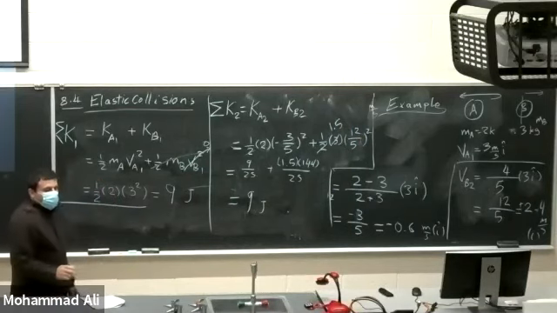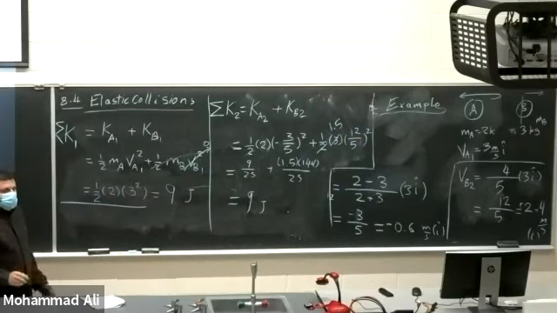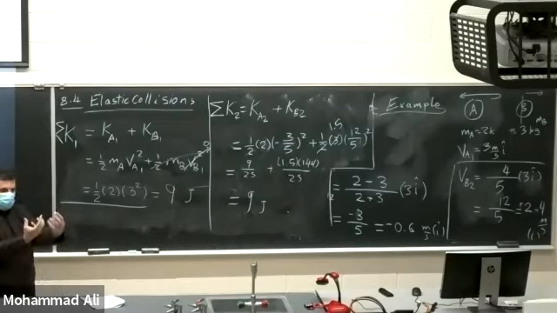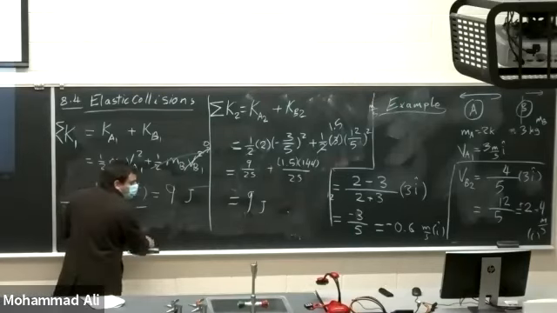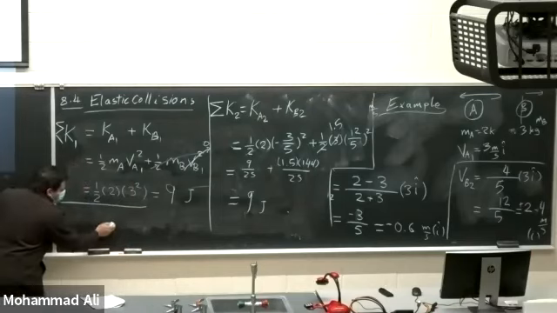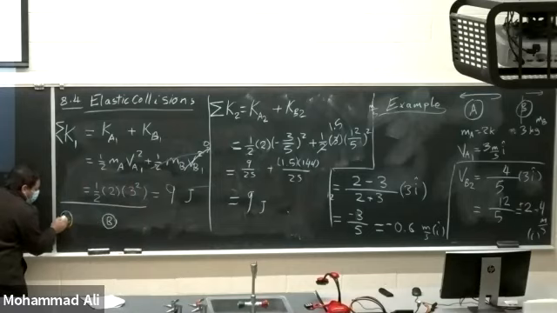Now we have a special case. We see that many times when we throw a ball or glass ball to another one, the other one is stationary. I'll draw it here. If we have the ball B and the ball A is moving, this is stationary. This is at 0.